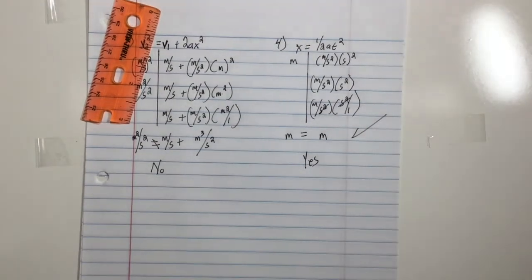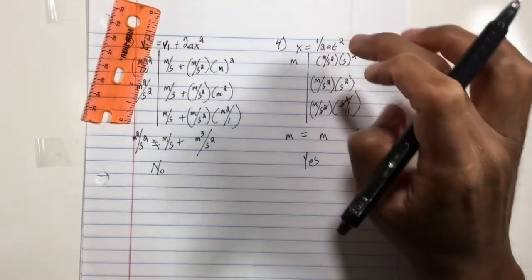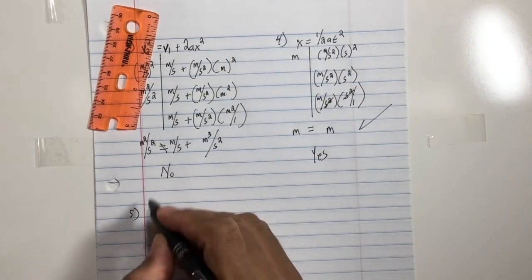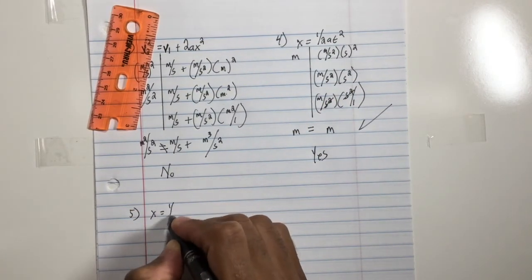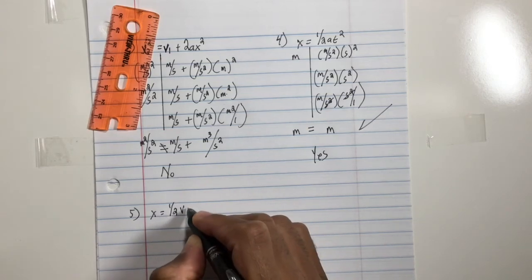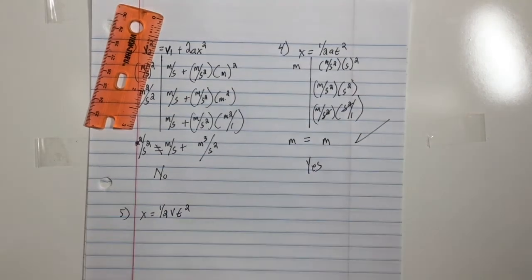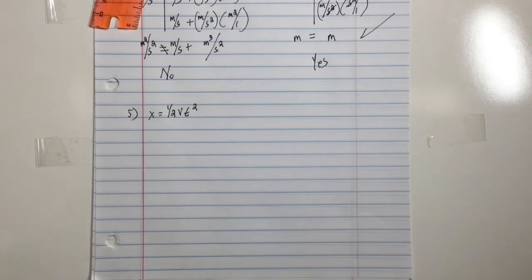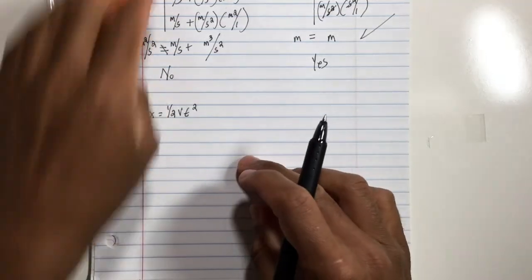All right. Now, if I just flip this problem, number 4, x equals 1/2 v t squared, what happens? Do you think that it's going to match up? Let's see. Well, if we do the same thing that we did before, except now we're plugging in a velocity.